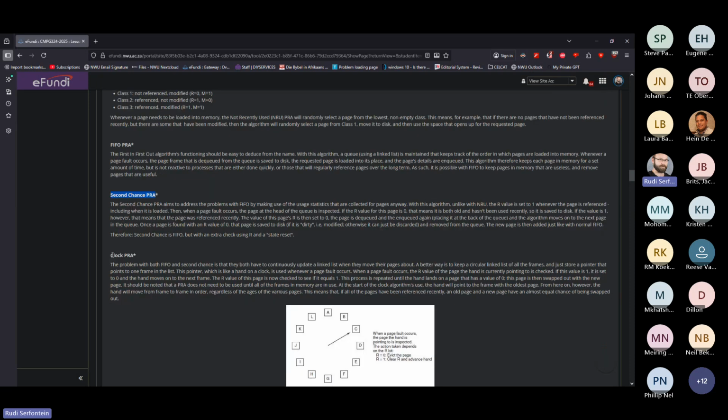And the other one is the clock. Now, both of these are second chance algorithms because both of them have an R bit value that can indicate whether or not a page has a second chance. So you will get either one of these or both of them.